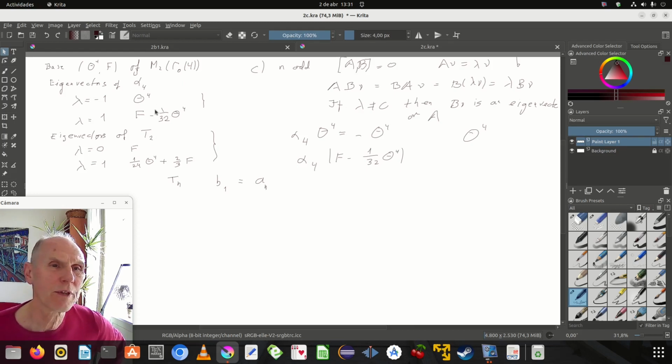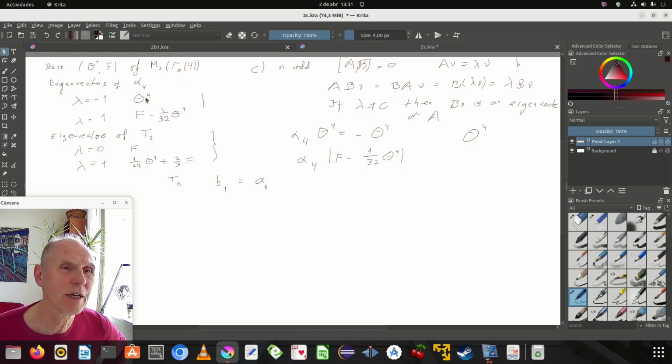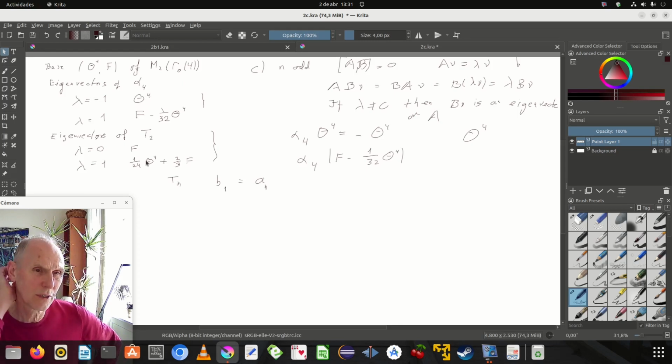And we know that they are eigenvectors of alpha 4 and T2, respectively.